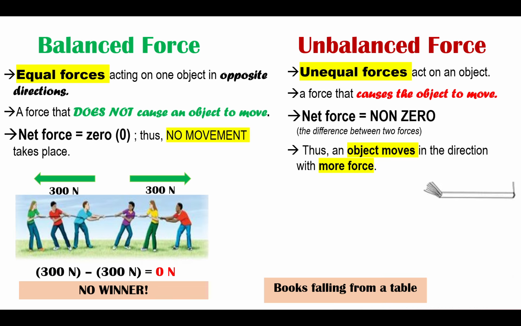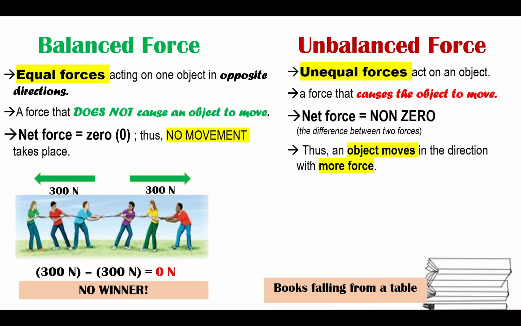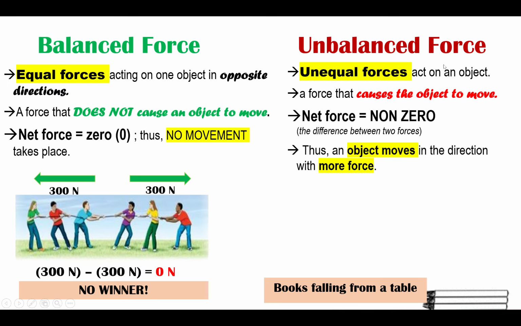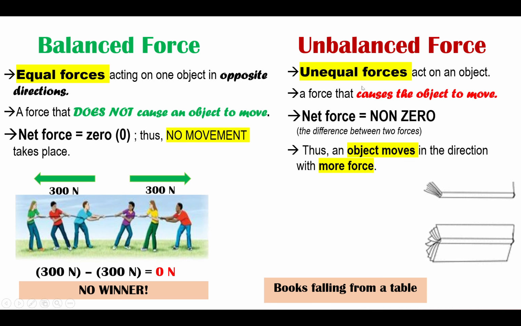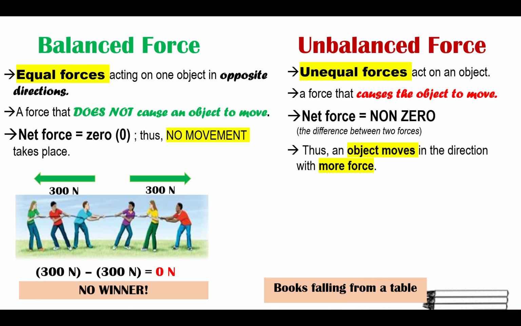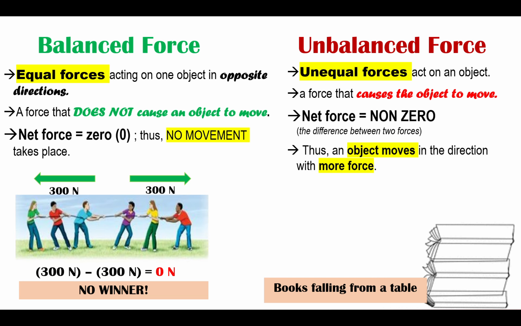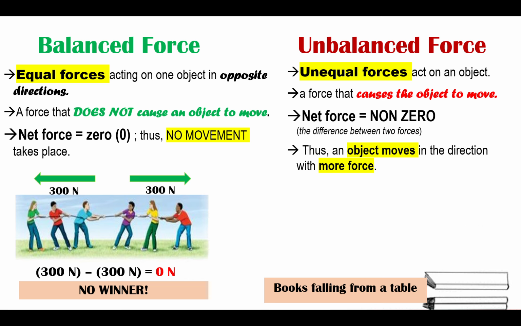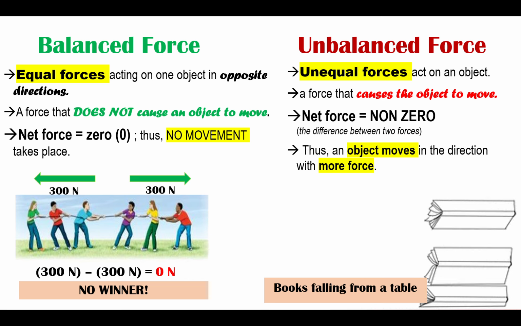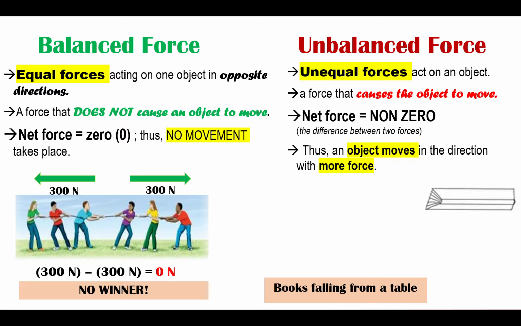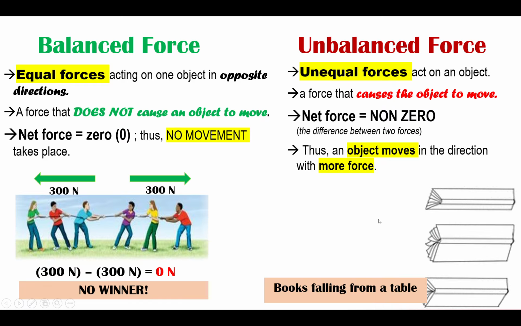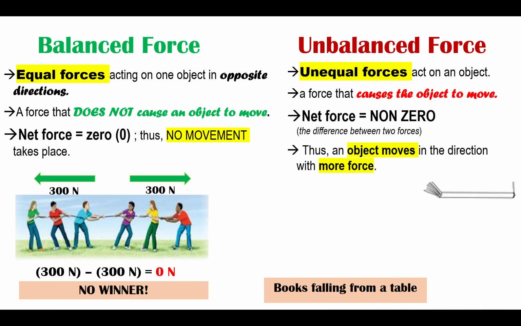So since it is moving, falling from the table, that signifies that there's an unbalanced force, and that unbalanced force comes from the weight of the book downwards with no opposing upward force strong enough to cancel the force of gravity. So the force of gravity going downwards is greater.